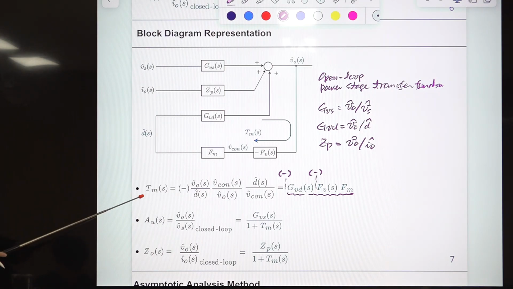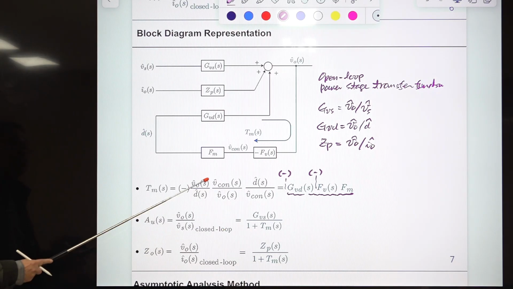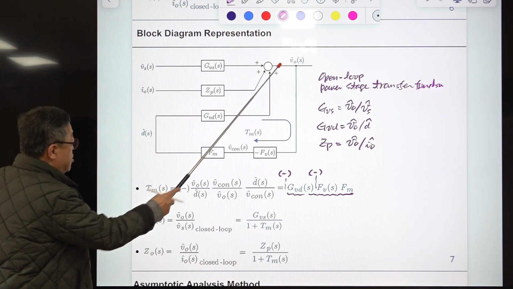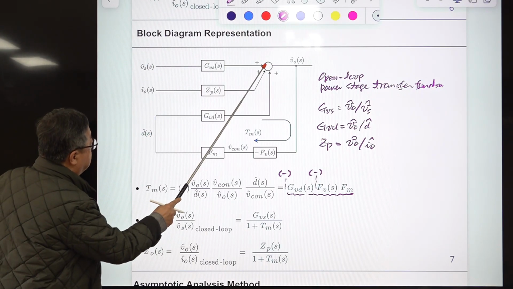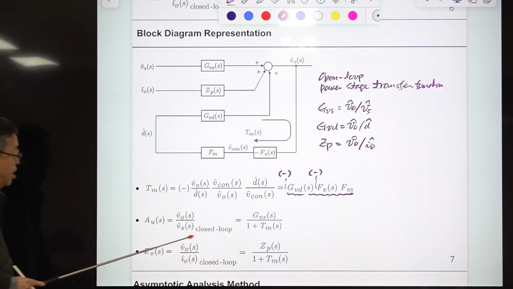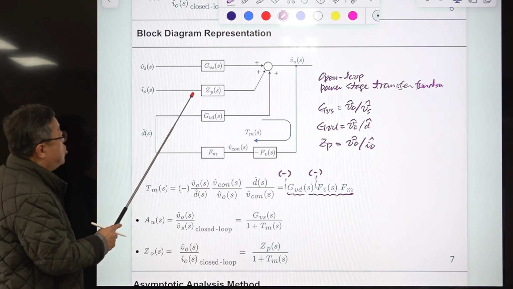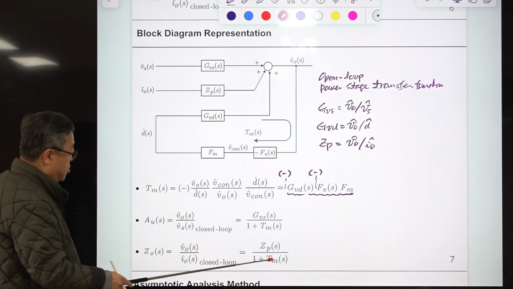Right. So this is loop gain, very important. And audio susceptibility is the transfer function from here to there. This is the open circuit input to output transfer function, and 1 plus loop gain is shown here. And output impedance: this is the open loop load current to output transfer function, and 1 plus Tm appears here.